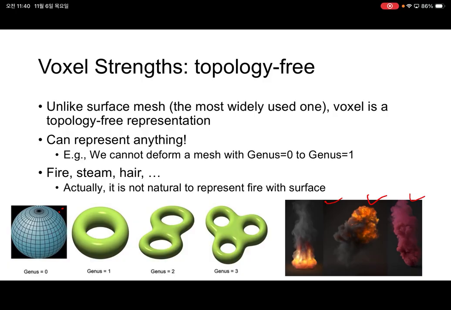Because it is not natural to represent fire with surfaces, and defining topology of fire or steam is not very trivial, right? So this kind of steam or fire is rendered with volumetric rendering. In a physics engine, you can see a volumetric rendering option, and fire or steam are rendered in a volumetric way.